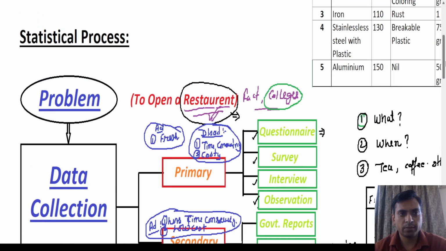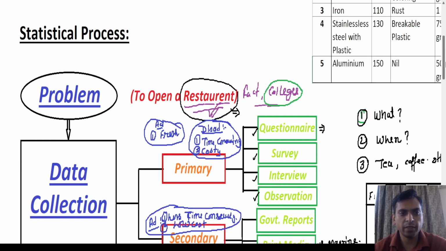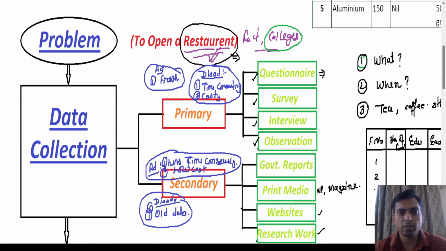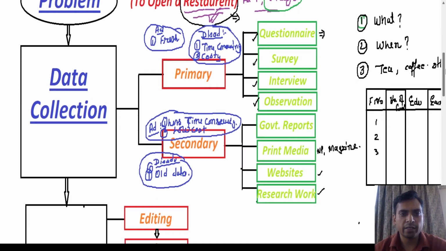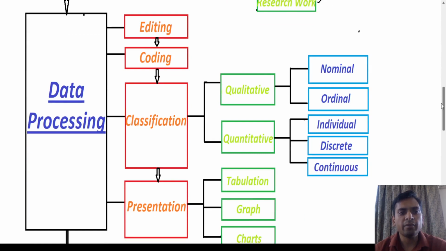In the statistical process we are studying, our objective was opening a restaurant. First we will collect data by using the primary data collection method or the secondary data collection method, and then we will see data processing.